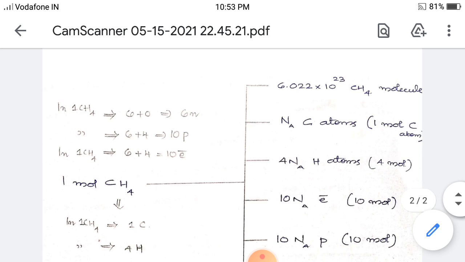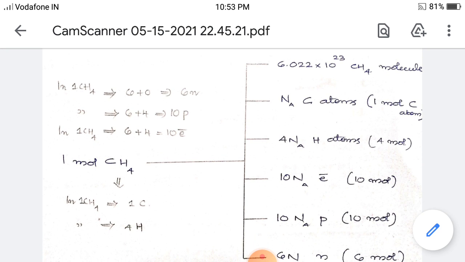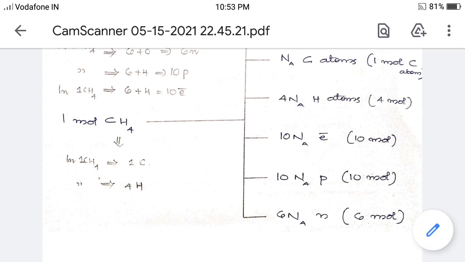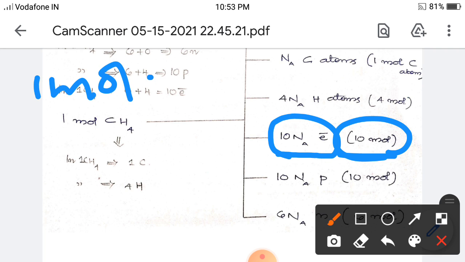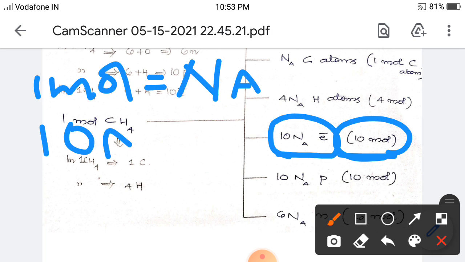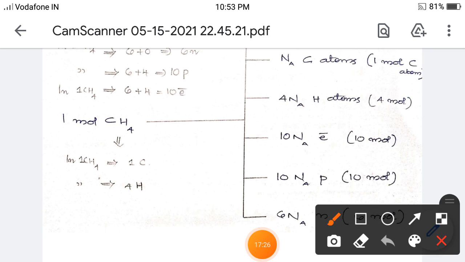So 6.022 × 10^23 CH4 molecules contain 10 electrons into NA, which we can denote as 10 moles. 1 mole means the Avogadro number, so 10 NA means 10 moles. Now, how many protons are present?